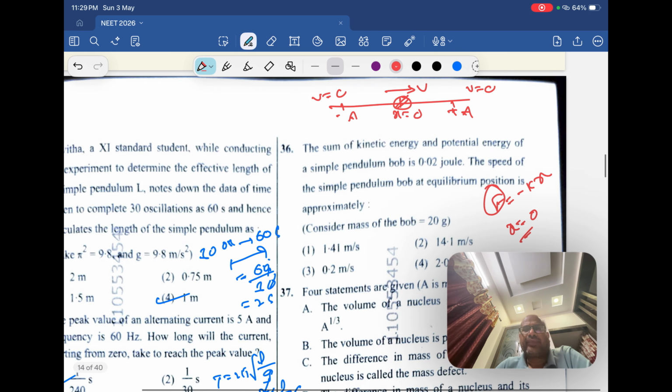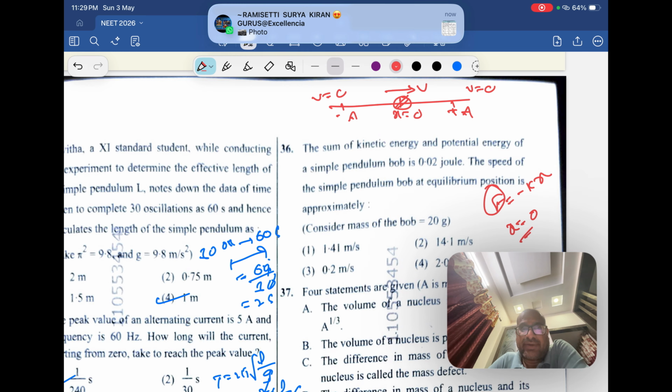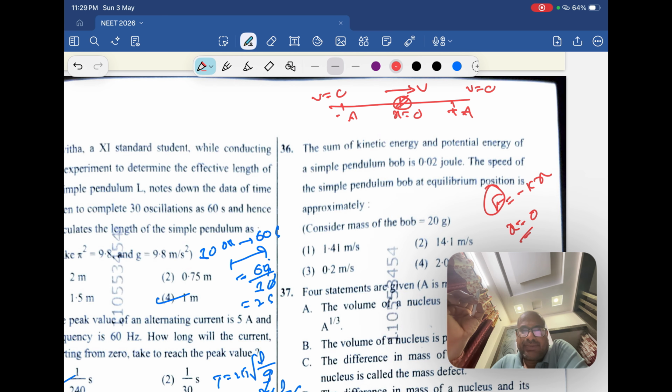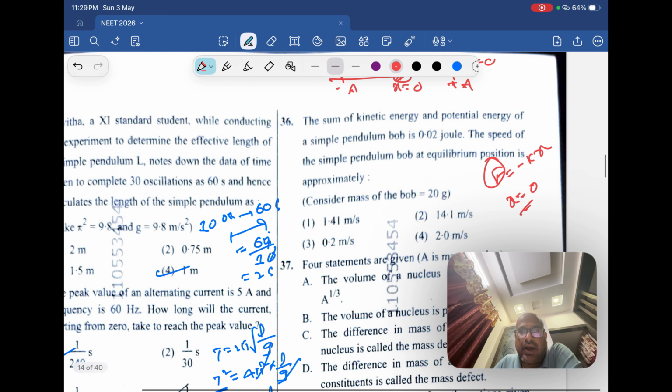Now he's saying the kinetic energy and potential energy of the simple pendulum bob sum to 0.02. The sum, the total mechanical energy, is given. The speed of the bob at equilibrium is the maximum velocity, a omega, and the energy is given as half k a square.